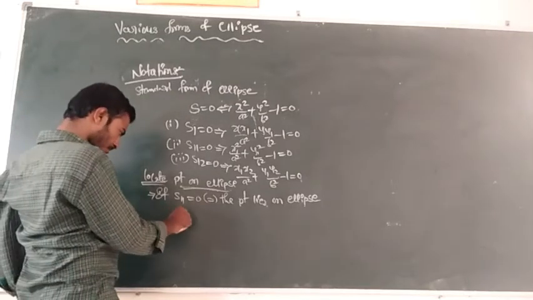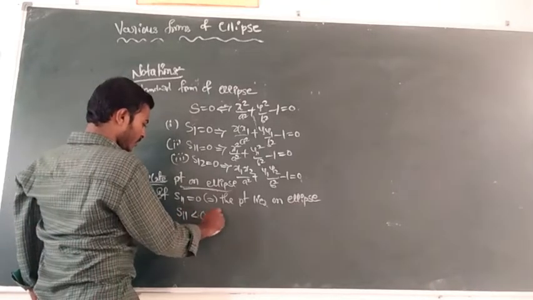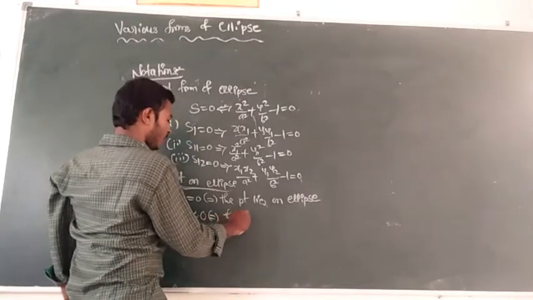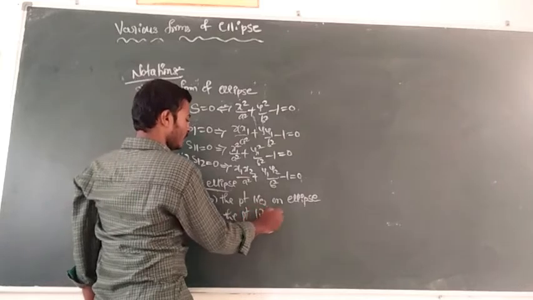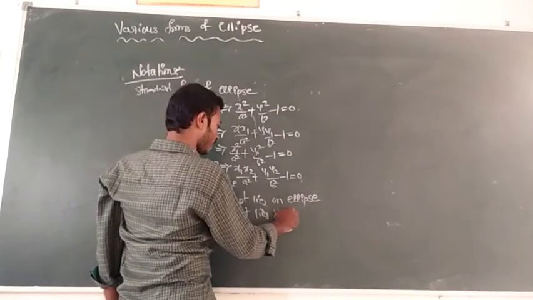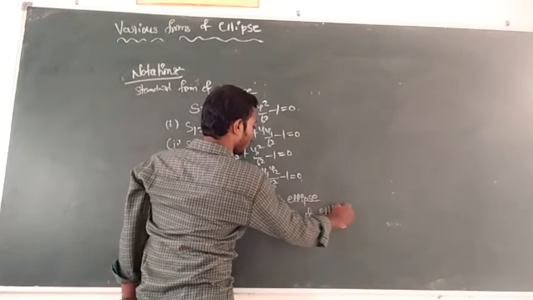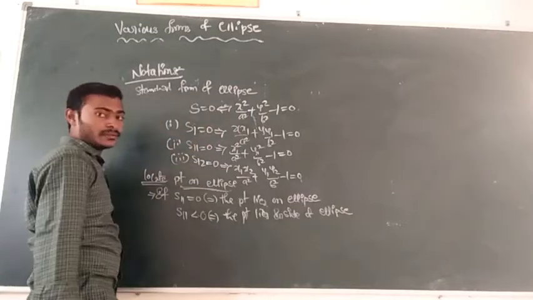If S11 is less than 0, if and only if the point lies inside of the ellipse. Point lies inside of ellipse.